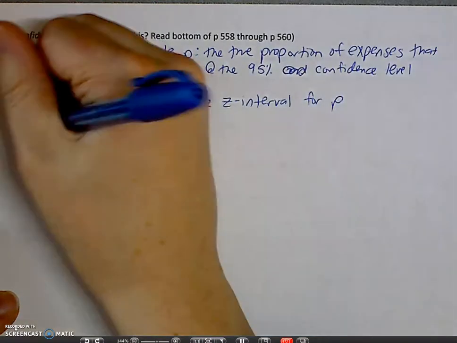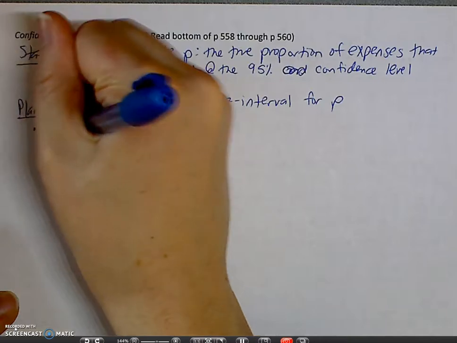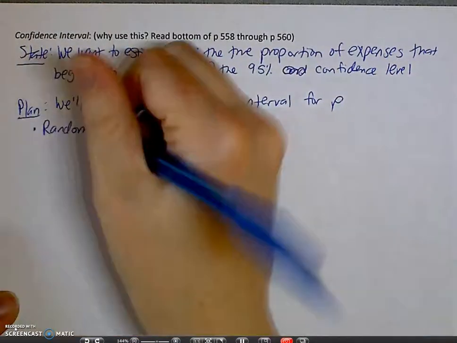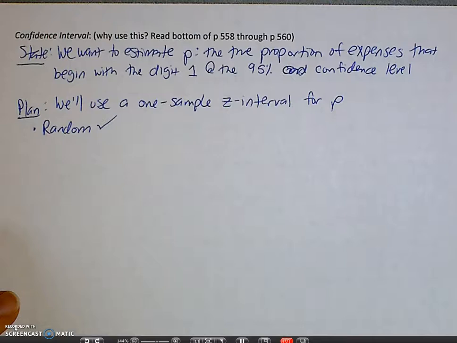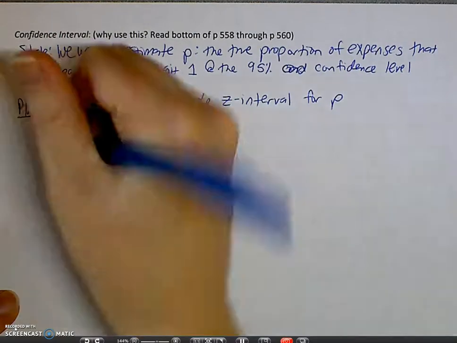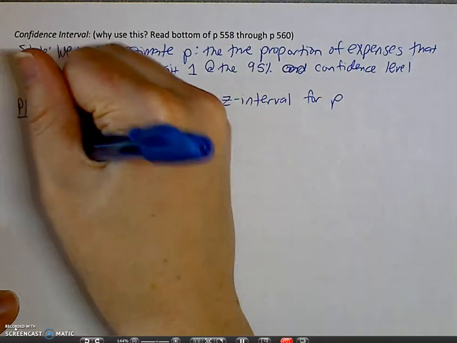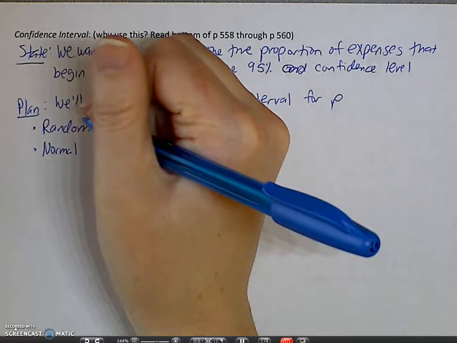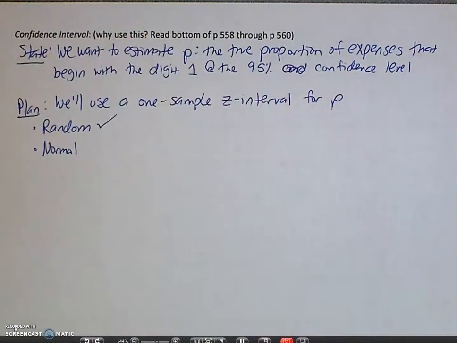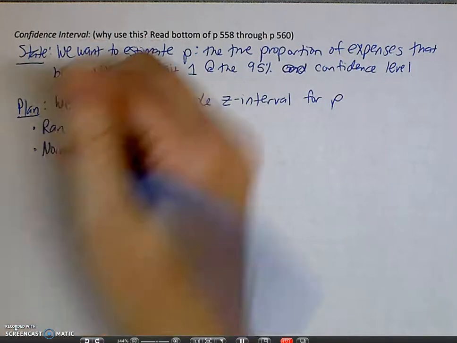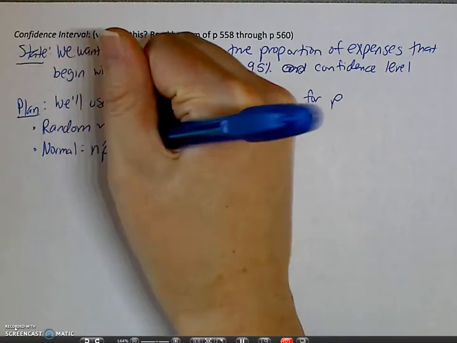So let's check our conditions. Random, yep, we did that from the last one, so I'm kind of breezing by this. Normal, we do need to check, and the difference between checking your condition in your significance test versus in your confidence interval is that in a confidence interval, you're using your p-hat, right? So I've got to check n times p-hat.